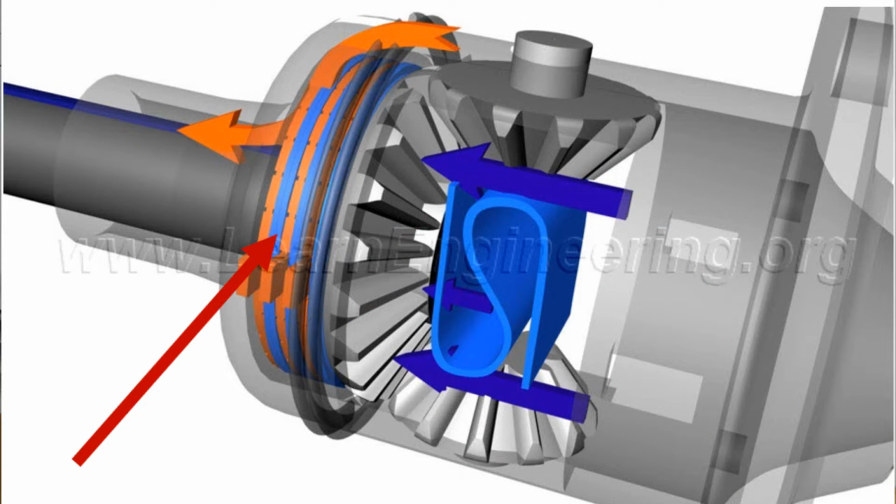So there are two plates that are rotating against each other, and they are producing this force. And with this setting, this differential lock, you basically determine how much these two plates are pressed against each other, and so also how much force is needed in order to make this differential spin up.